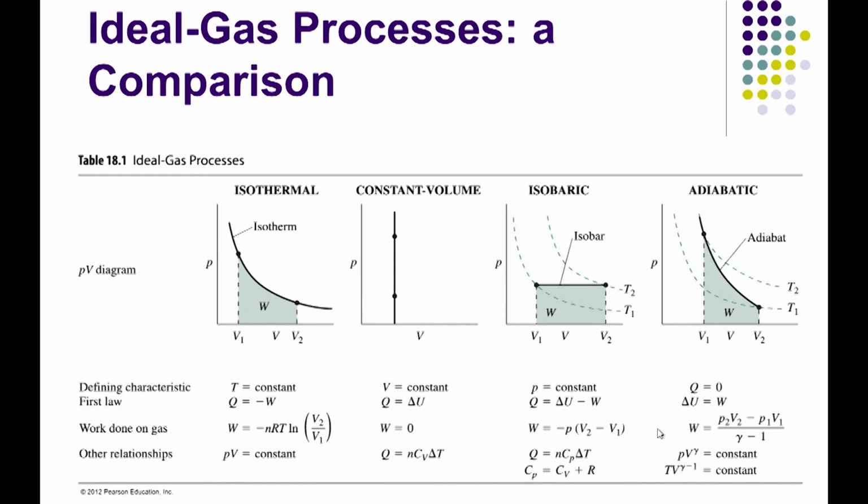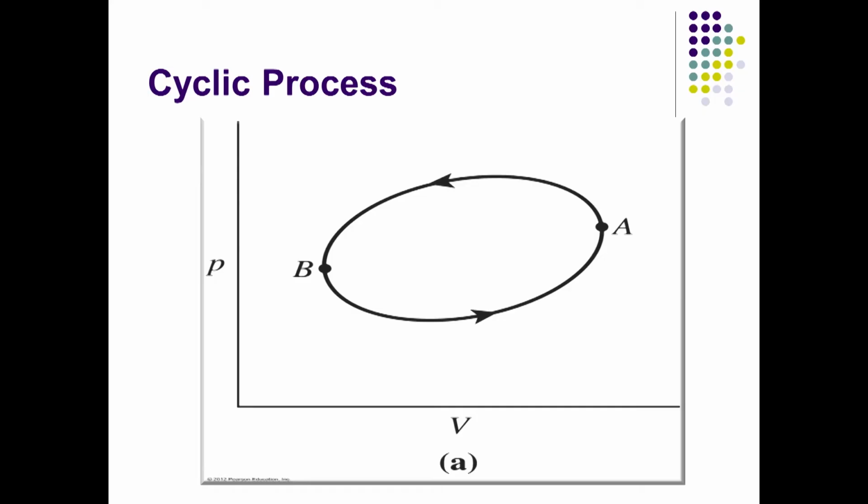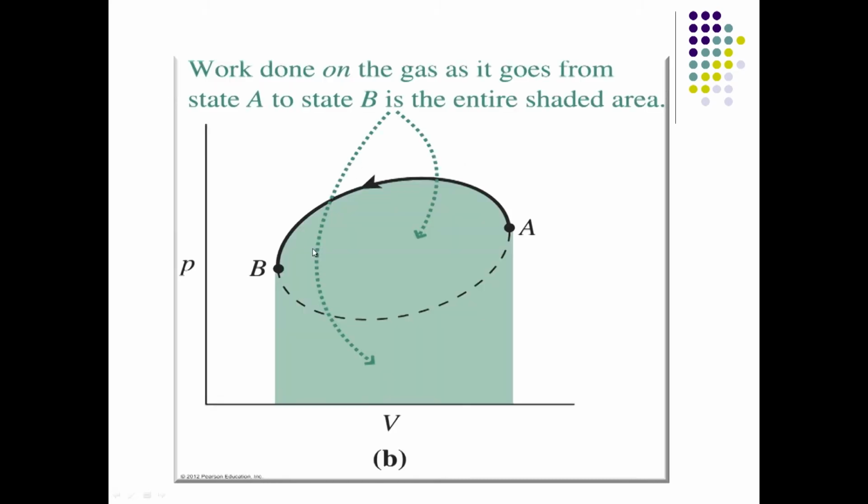With that understanding, we are now ready to launch into cyclic processes, and any cyclic process is looked at in the graph between P and V, which are again the intensive variable P and the extensive variable V. If you look at that cyclic process, you go from point A to point B, and now we can calculate the work done.